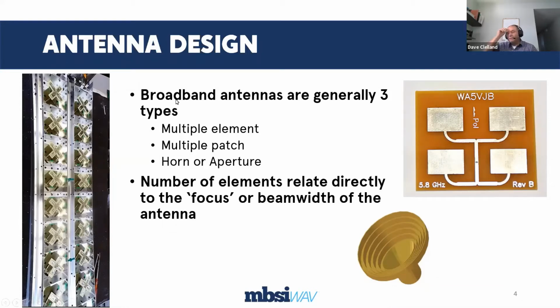Now we have a couple of different ways of doing this with antennas that we're using often in broadband wireless here. We have the sector antenna on the left. We have a simple patch antenna here. I found this very easy to understand.